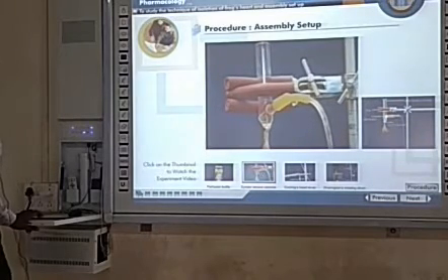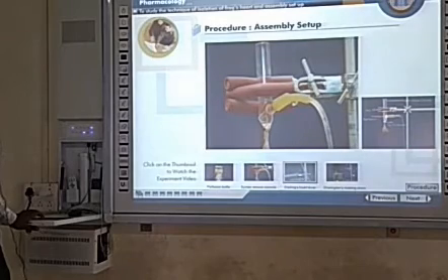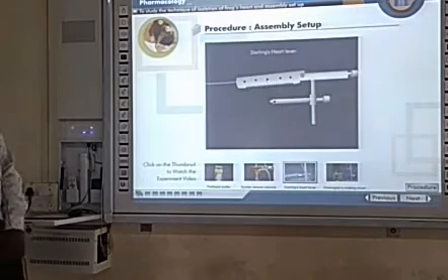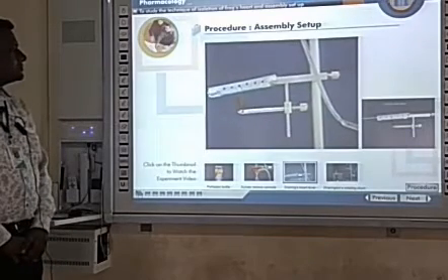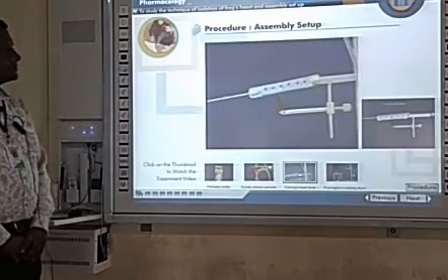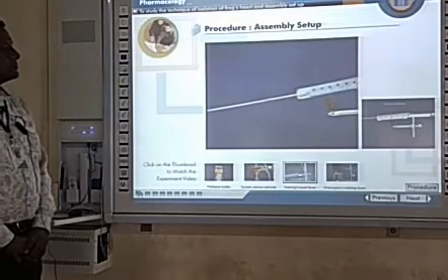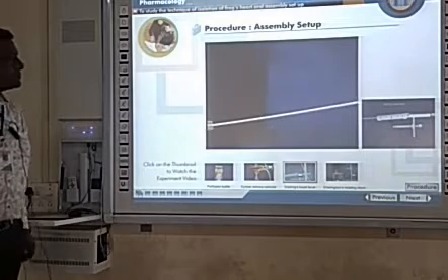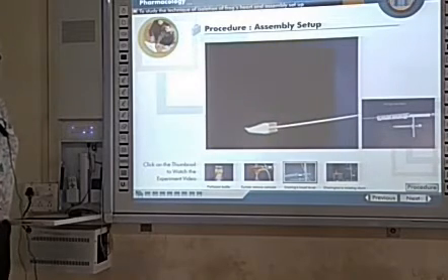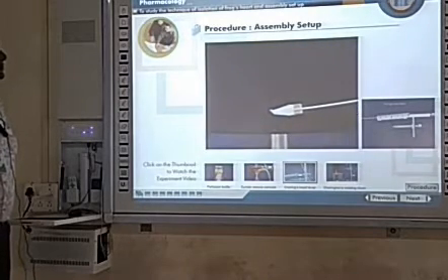Next is the adjustment of Starling heart lever. Starling's heart lever is used to record the contractions of the heart. With the help of the tip of this lever, recording is done on smoked paper fixed on a circular cylinder.